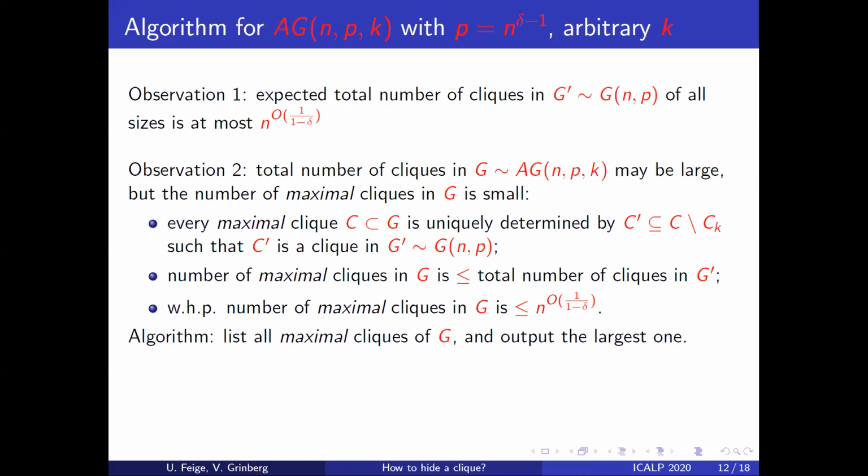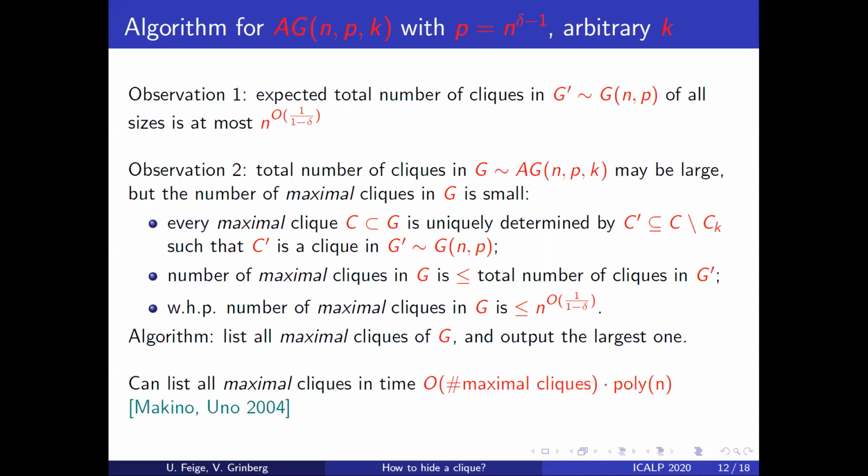Using these observations, we do the following algorithm. Just list all maximal cliques in G and output the largest one. It was shown by Makino and Uno that we can list all maximal cliques in time linear in their number times some polynomial in n. As we can see, the algorithm works regardless of the size k of the planted clique, for every possible planting.